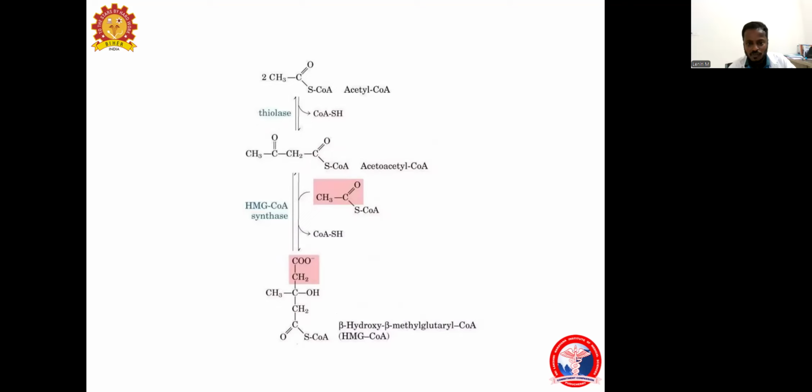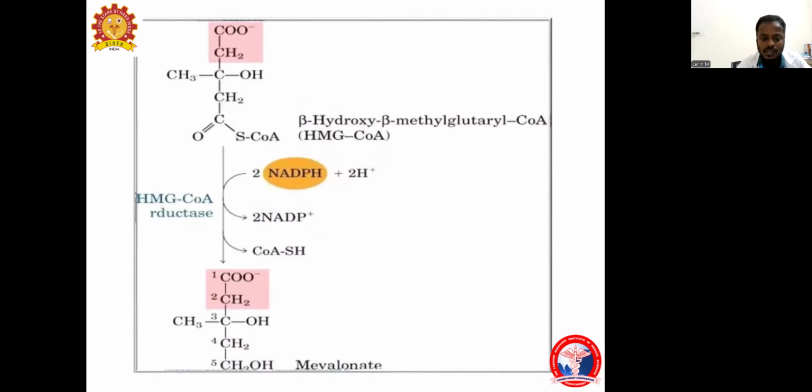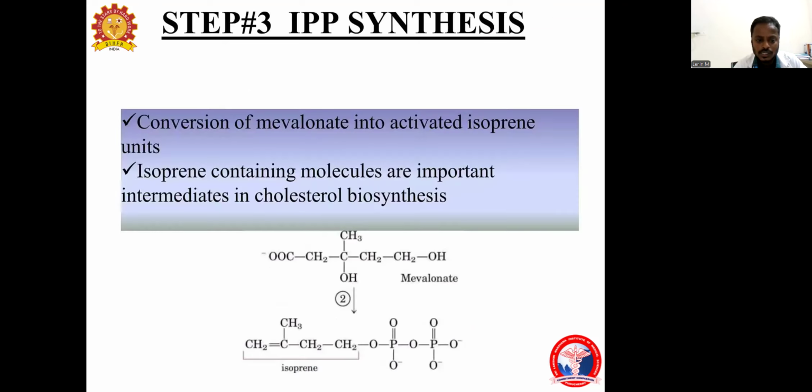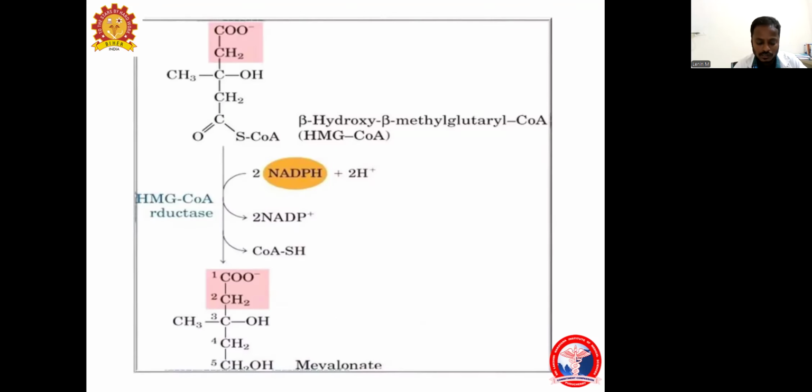Initially, two acetyl CoA are converted to HMG-CoA by the enzyme HMG-CoA synthase. In the second step, HMG-CoA, using the cofactor 2 NADPH and releasing NADP, is converted to mevalonate by the enzyme HMG-CoA reductase. This is one of the rate limiting enzymes, the rate limiting enzyme of cholesterol biosynthesis.